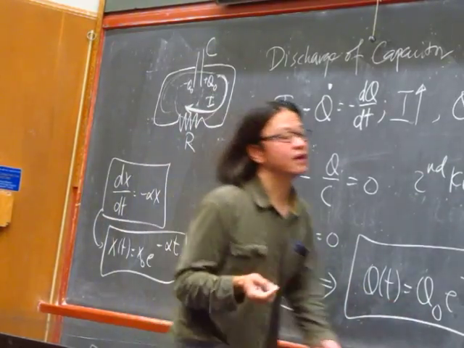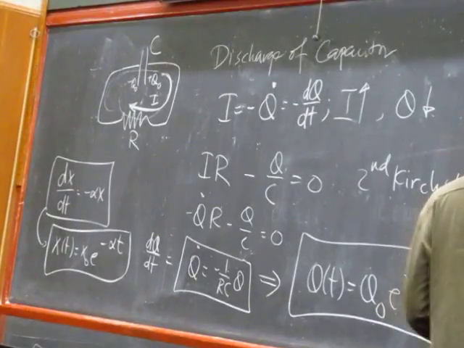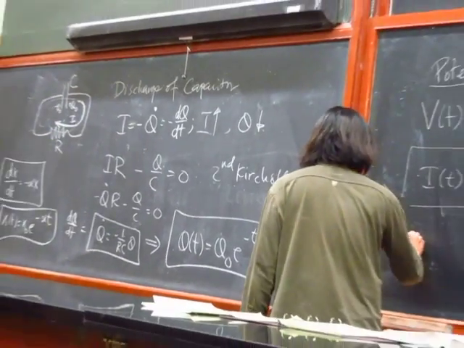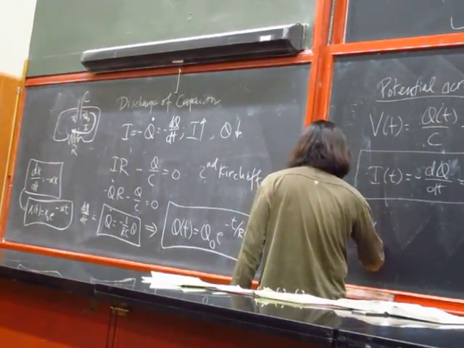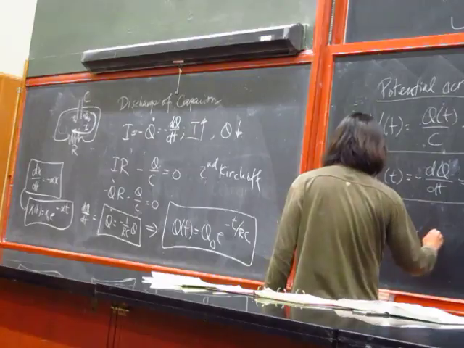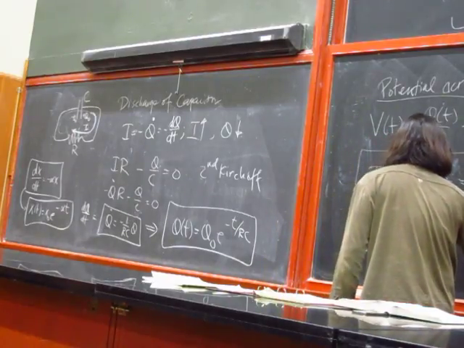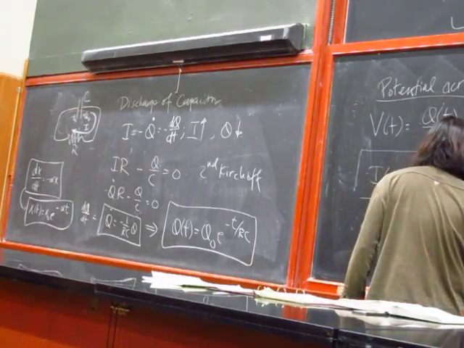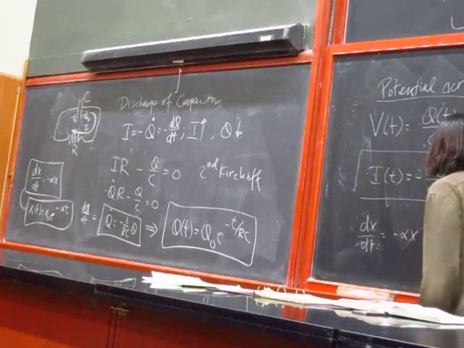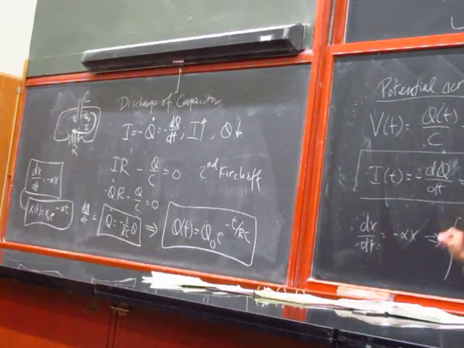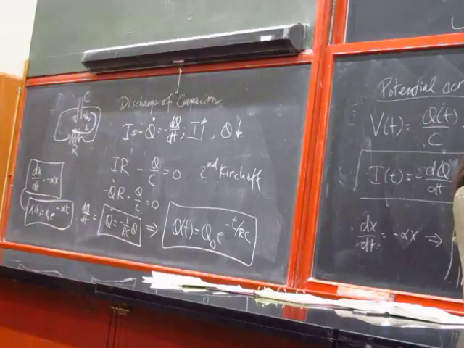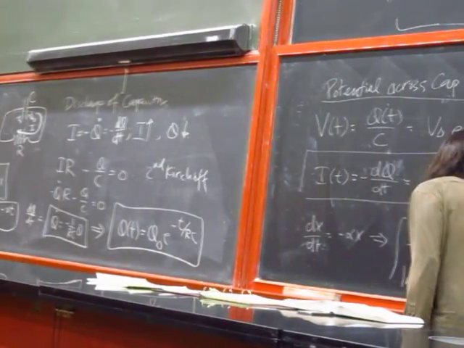So if I have dx dt equal to minus alpha x, then dx over x is equal to minus alpha dt. And then you integrate. Then you have log of x is equal to minus alpha t.